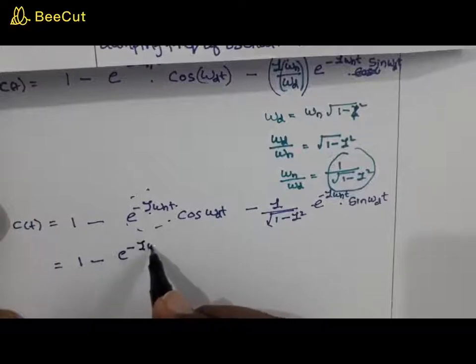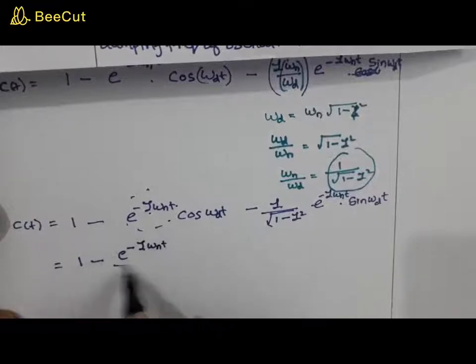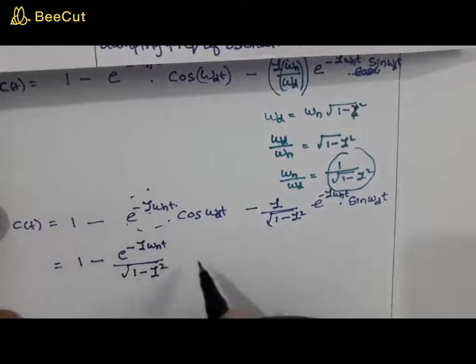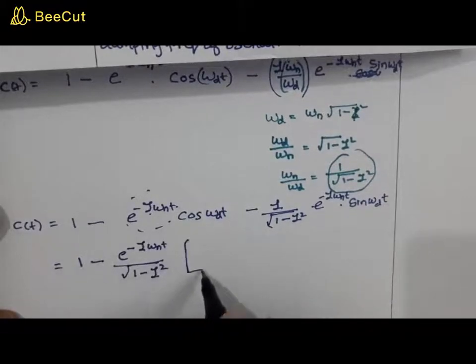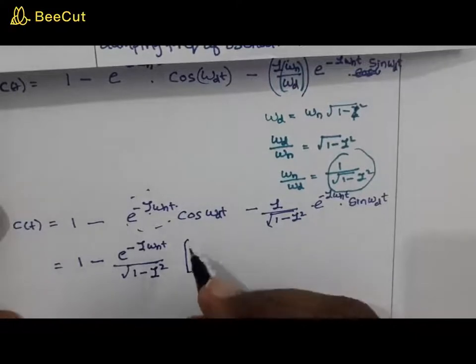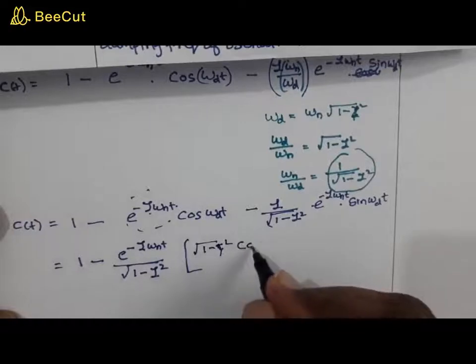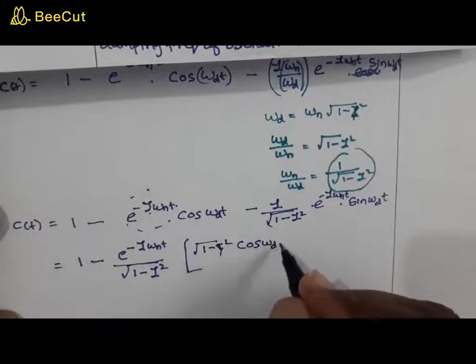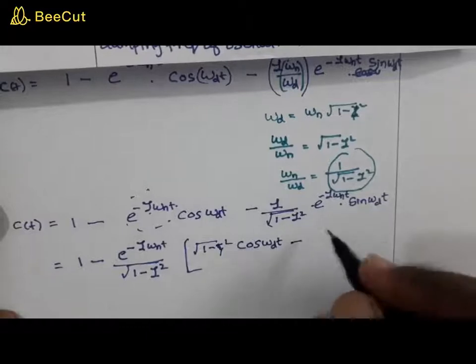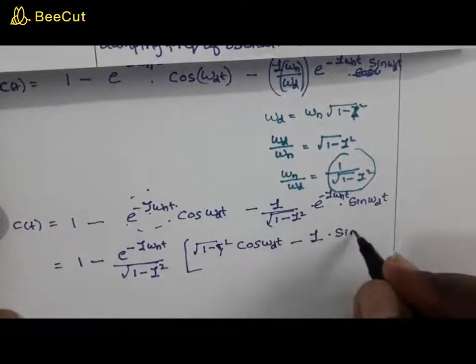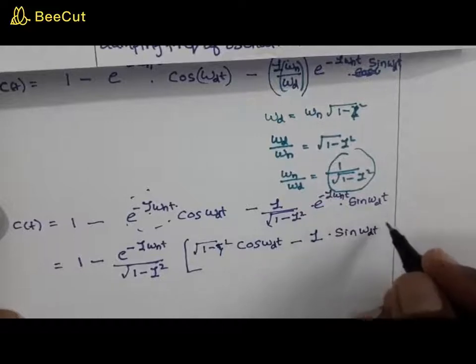So it will be e raised to minus theta omega n t divided by root of 1 minus theta square into, so this will be root of 1 minus theta square into cos omega d t minus theta into sine omega d t, right?